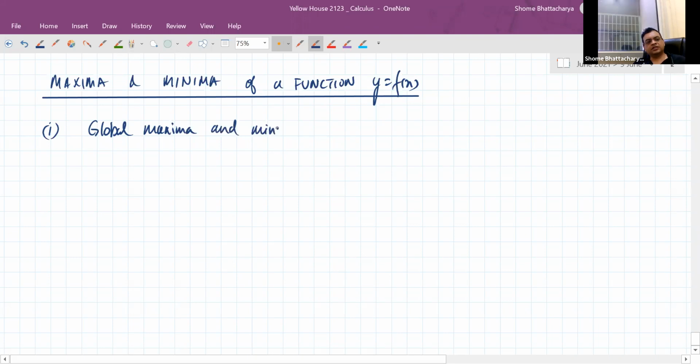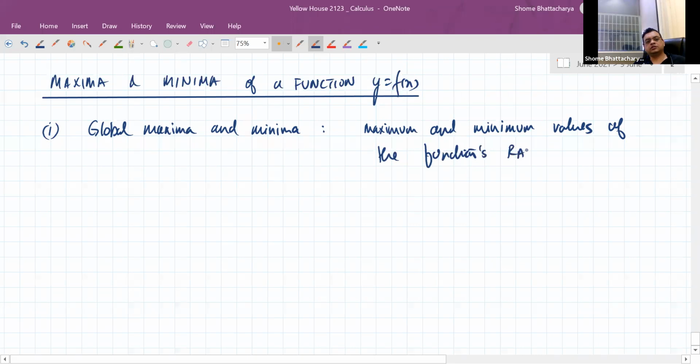And this is a term which is very easy to understand because it's just as language suggests. Global means basically what? The overall. So global maxima and minima are nothing but the maximum and minimum values of the function's range.